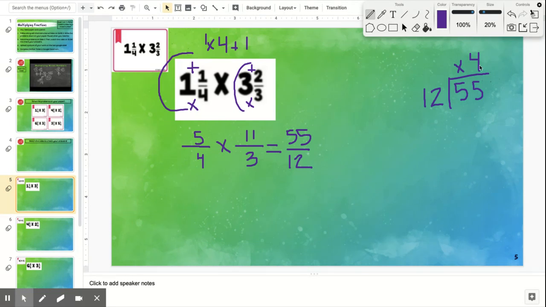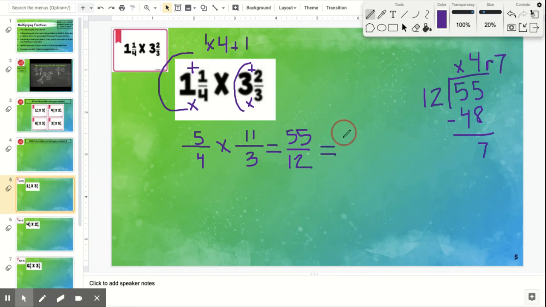If you have a multiplication chart, that would come in handy for you right now. So I would be looking at your multiplication chart if you have one. 12 times 4 is 48. So then we subtract, and that's going to give us a remainder of 7. So now we take this and write it as a mixed number.